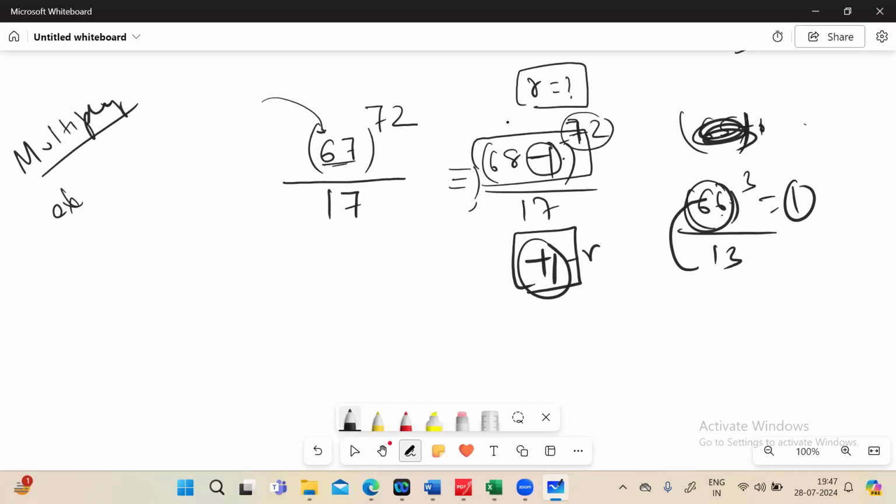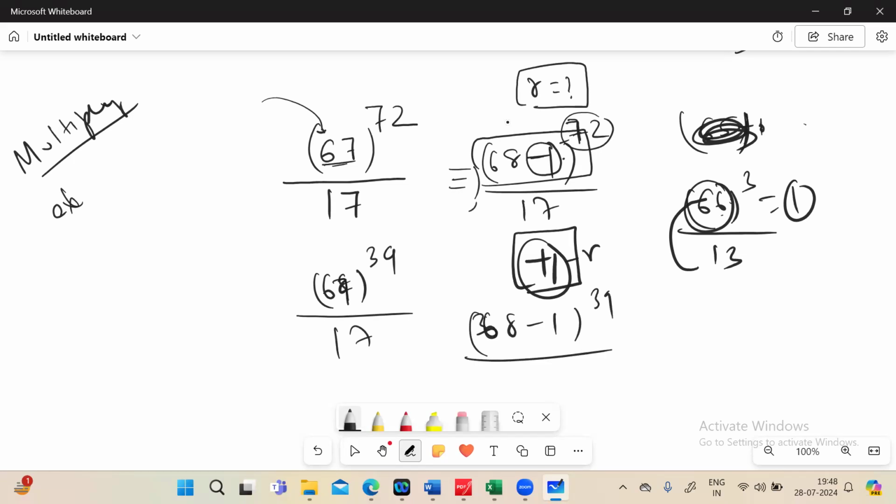And if it would have been 68 to the power 39, sorry, 67. It would have been (68 minus 1) to the power 39, and it is getting divided by 17. So minus 1 will have power of 39.